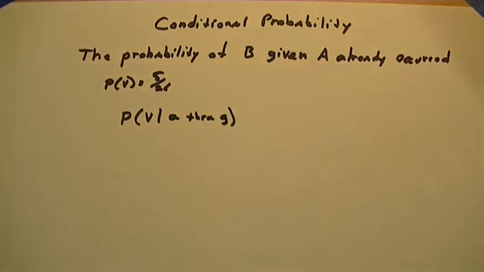Now, what is the probability of selecting a vowel, given that we only look at the cases where the final outcome was a letter A through G?